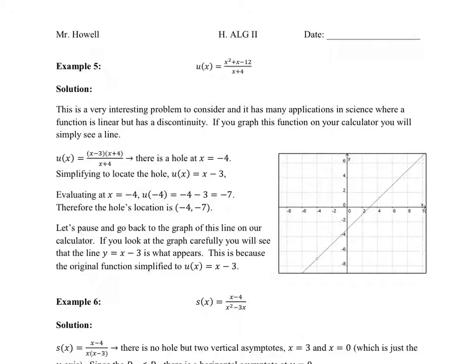So the function lies on top of the slant asymptote, and there really isn't an asymptote in this problem. What you have here is a line, pretty much. If you can simplify all the factors and be left with only a linear function, it means you have a line, and wherever you simplified those factors, you have a hole.